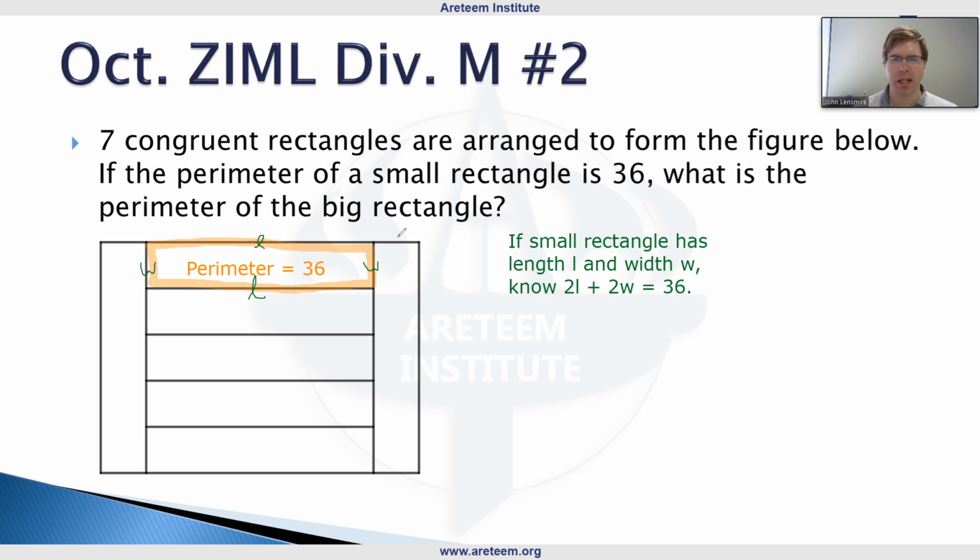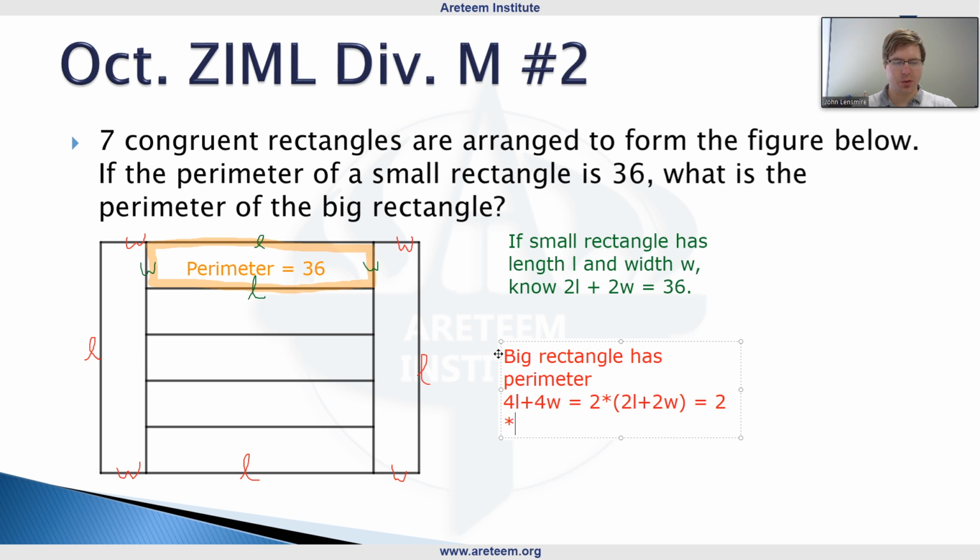Well, we could start labeling sides here: L, W, etc. And what we can pretty easily note is that the big rectangle has perimeter 4L plus 4W, which is double the perimeter of the small one. That is equal to 2 times 36 equals 72.